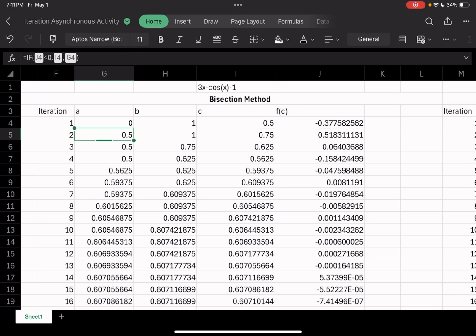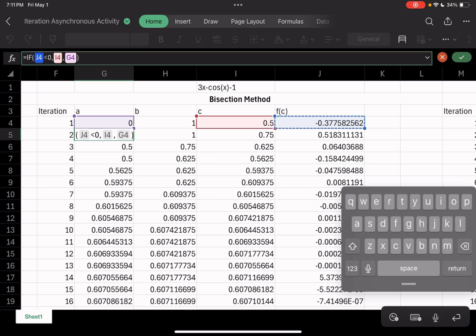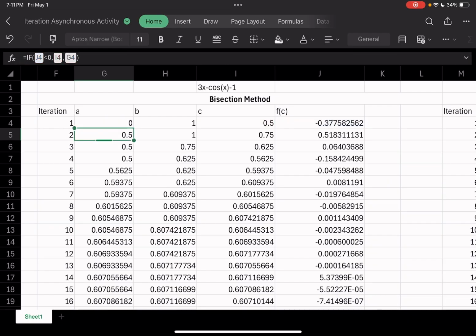So for this one, since our C right here is negative, the condition for A will be if f of C, which is J4 right here, is less than 0, meaning it is negative, then our new A would be the value of C, and if false, A will still be the same. And since the value is true, our value for A right here will be the same as our C, which is 0.5.